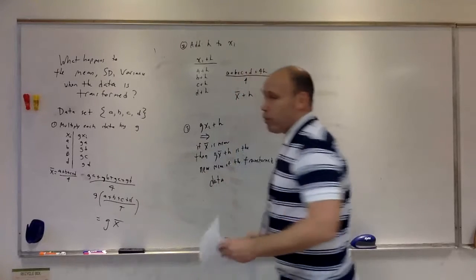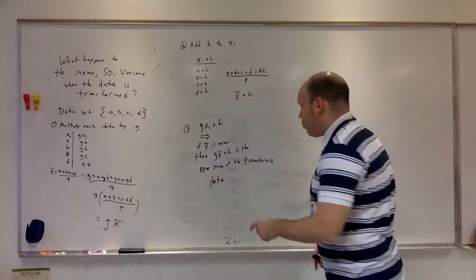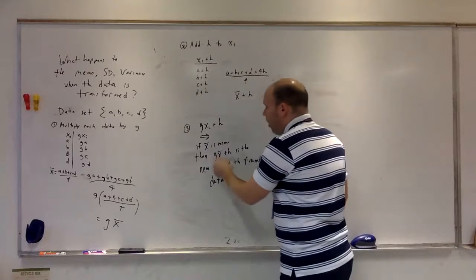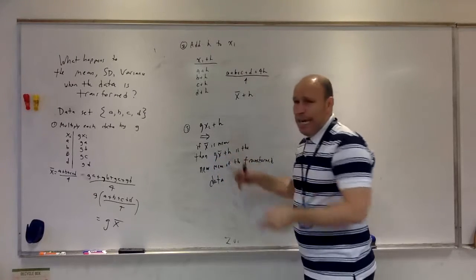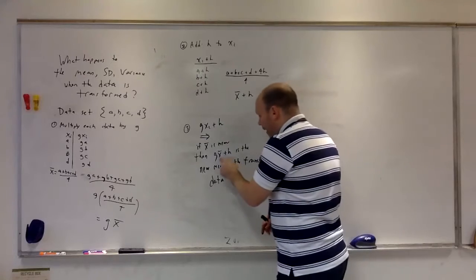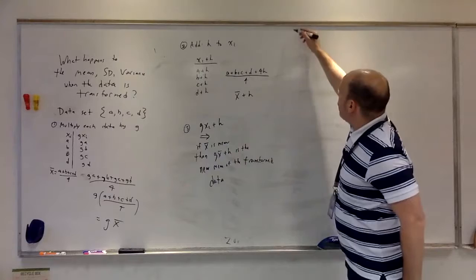So once again, in your science class, your economics class, if you take every single piece of data, multiply it by G, and add H, the new mean is the old mean times G plus H.